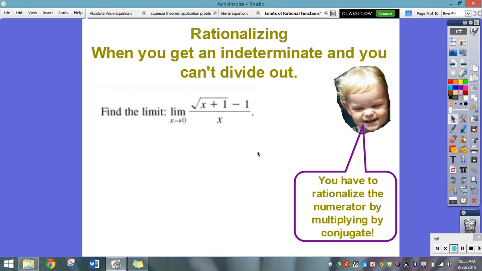And rationalizing means I multiply by the conjugate. So I'd multiply top and bottom here by the square root of x plus 1 plus 1. That would be the conjugate of the numerator. And after I simplify things out, hopefully I will get a rational that with direct substitution will give me a value. And so multiplying by the conjugate would look like this.